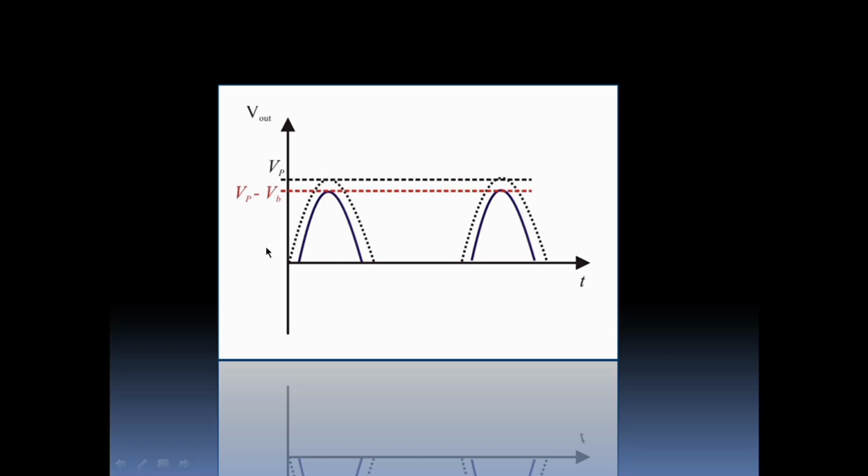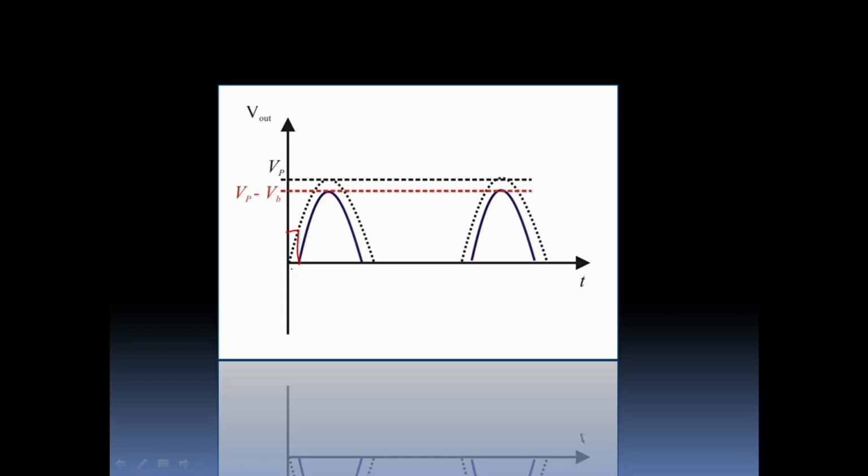And also you can see there is a small time difference in the beginning of input voltage increment and output voltage increment. That is understandable because when the input voltage becomes greater than 0.7 volt, the output voltage starts increasing.